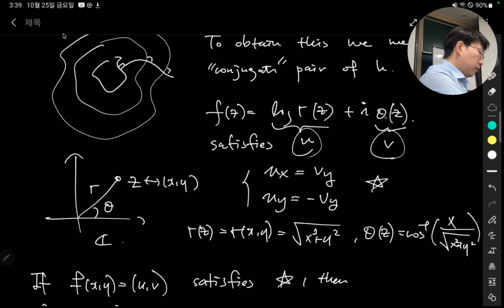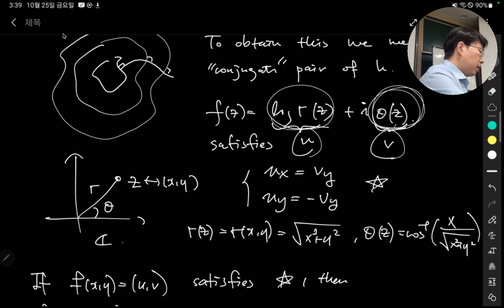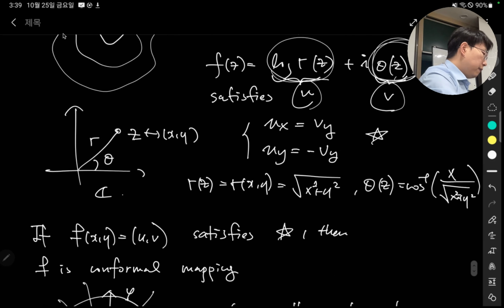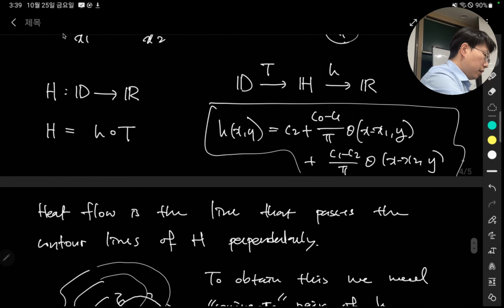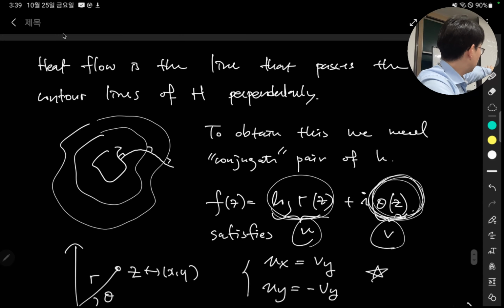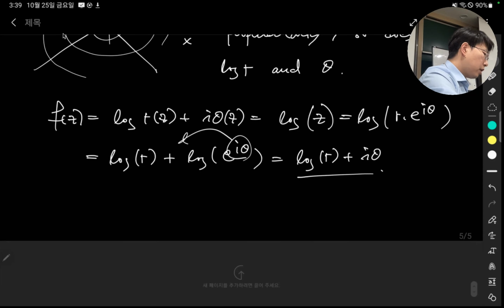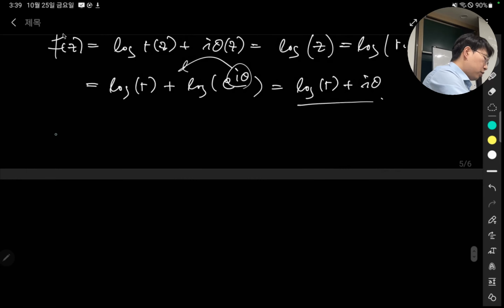Look at this one. V is the heat map, basically the basic building block of our heat map. We can do the same thing with the real part. If our heat map is this one, which corresponds to the theta part of our construction here, then what is the conjugate counterpart of that heat map? I'm going to write it as phi.